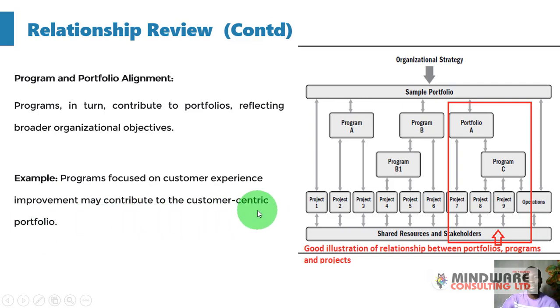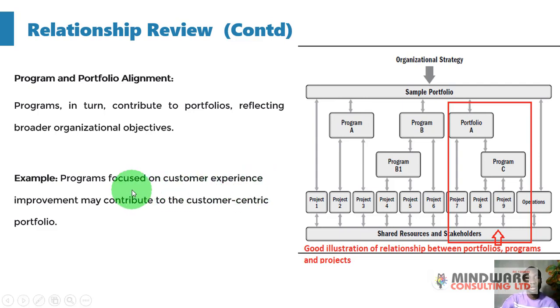On another level, we have an organizational strategy or a strategic objective for the organization to improve customer service. We want to make the organization more customer centric, more customer focused. That could be regarded as a portfolio. And to make this portfolio a reality, we can have various programs focused on customer experience: how we take orders from the customer, our customer acquisition strategy, lead generation, customer conversion, order taking, how we fulfill those orders, how we handle customer objections, how we educate our customers to be able to use our products and services.